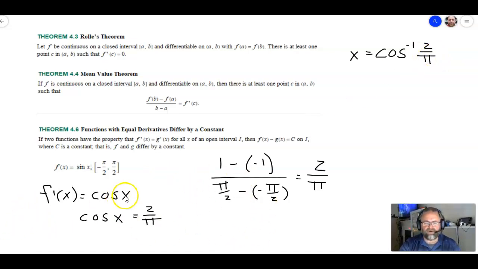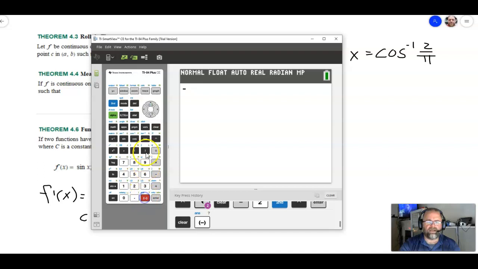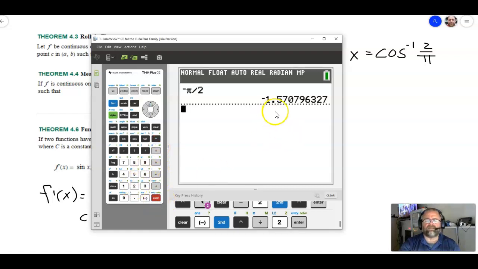Okay, so remember, we're just looking for the interval from negative pi over 2 to pi over 2. Now, let's find out what that decimal approximation is. Pi over 2 is just half of pi, that's like 1.57, and negative 1.57. So it'll be negative 1.57 to positive 1.57.